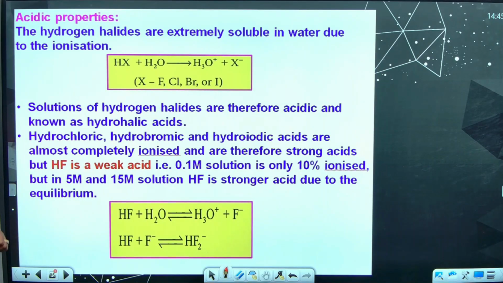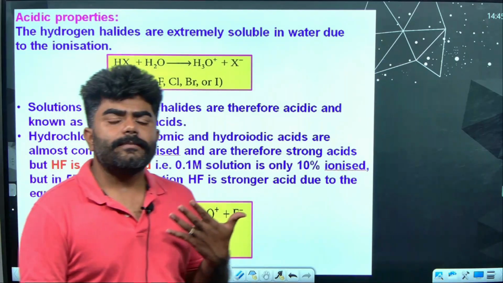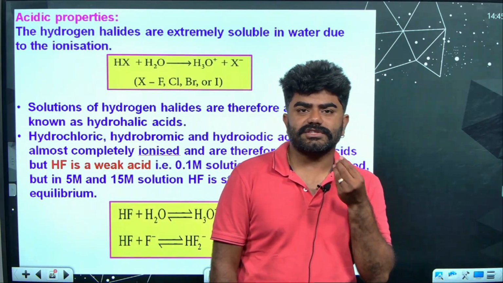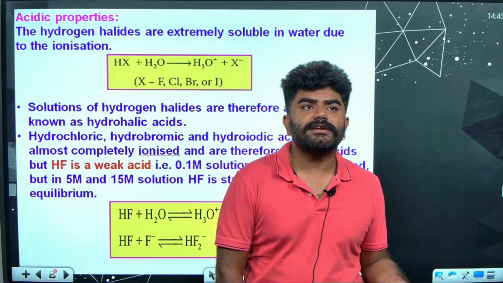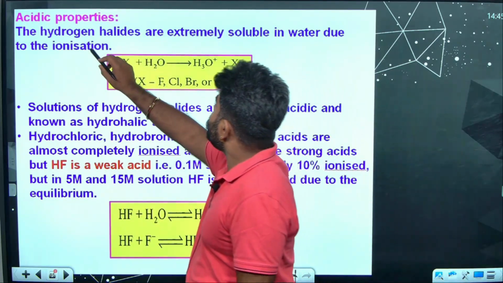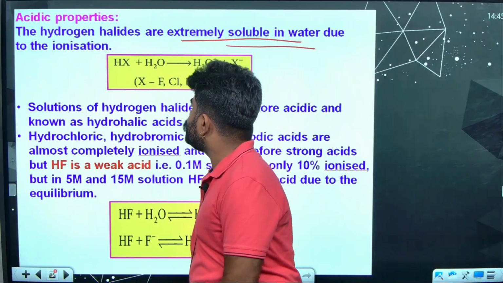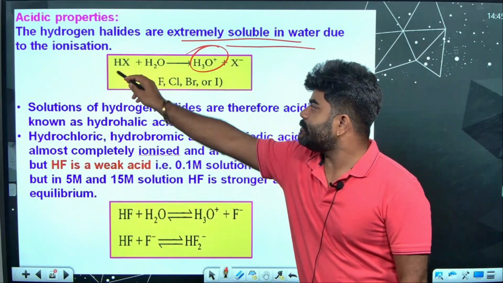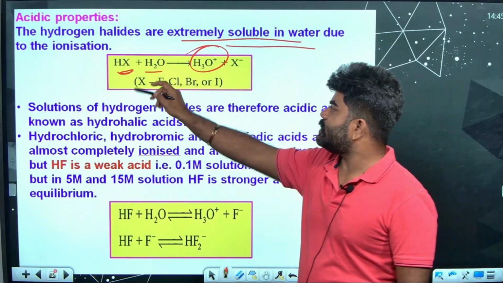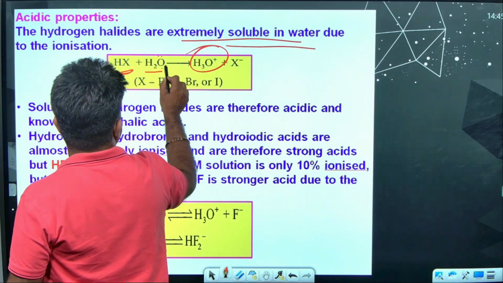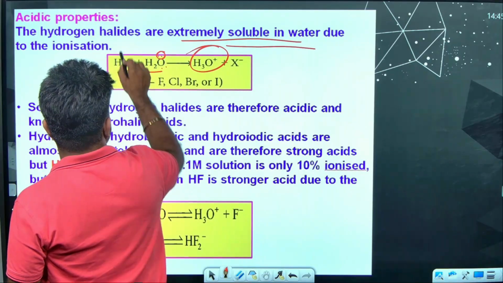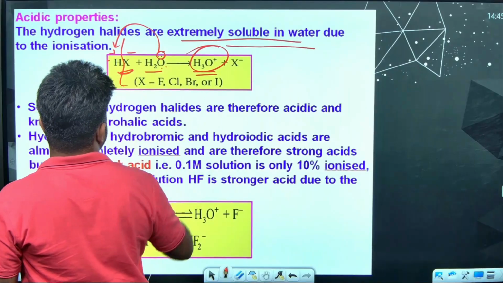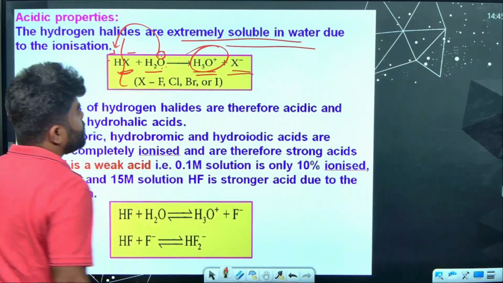Now let's see the acidic properties. இப்போ ஹைட்ரஜன் ஹாலைட்ஸ் எடுத்துக்கிட்டிங்கன்னா லைக் ஃபார் எக்ஸாம்பிள் ஹைட்ரஜன் குளோரைடு, ஹைட்ரஜன் புரோமைடு, ஹைட்ரஜன் ஃப்ளோரைடு, ஹைட்ரஜன் அயோடைடு எதை எடுத்துக்கிட்டாலும் we see that they are highly acidic, that means they are extremely soluble in water to produce H plus ions, that is your hydronium ions. இங்கே பாருங்கள், HX எடுத்து வாட்டரில் நம்ம டிசால்வ் பண்ணும்போது என்ன ஆகுது, வாட்டரில் you have oxygen which has a lone pair, அந்த lone pair வச்சு இந்த H plus abstract பண்ணிக்கும். அப்போ you will get hydronium ion and with elimination of X minus.